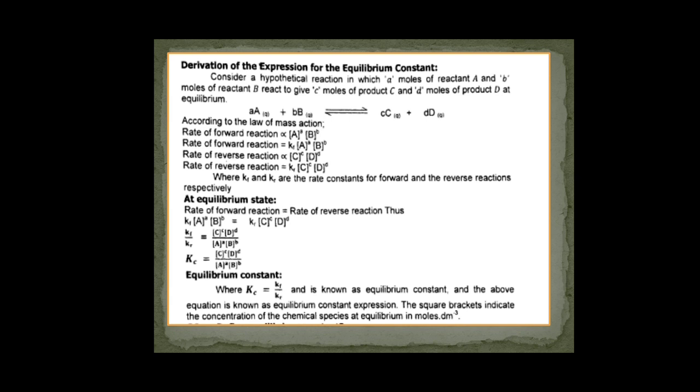We know that at equilibrium state, the rate of forward reaction is equal to the rate of reverse reaction. In equation form, Kf multiplied by [A] power a multiplied by [B] power b is equal to Kr multiplied by [C] power c [D] power d, where Kf divided by Kr is equal to product divided by reactant.